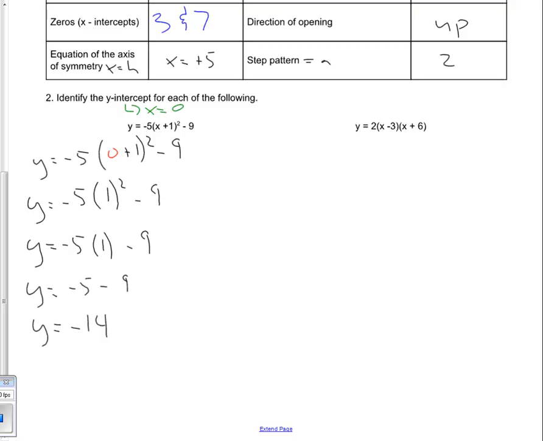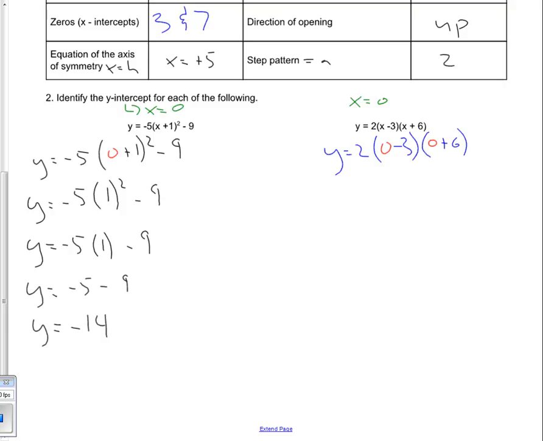In the next example, same deal. We know that the y-intercept happens when the x value is equal to 0. So we're going to substitute in 0 for x. So 0 minus 3 times 0 plus 6.